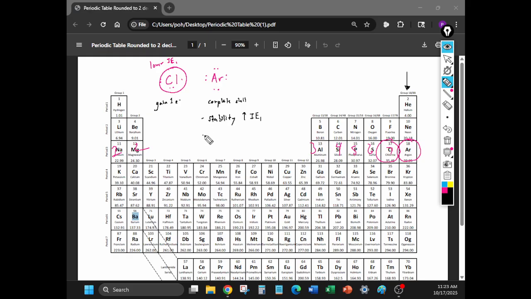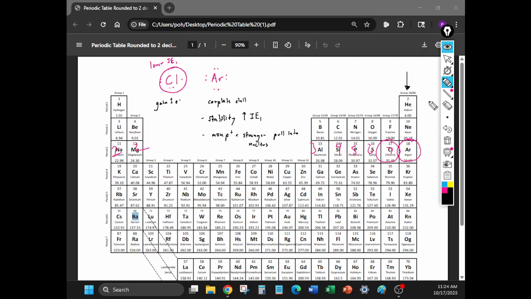Another aspect that we need to think about is the number of protons. If you look at argon, it has more protons than chlorine does, right? So since it has more protons, there's a stronger pull into the nucleus. Since the nucleus is pulling the electrons tighter, it is harder to remove electrons from argon than chlorine.